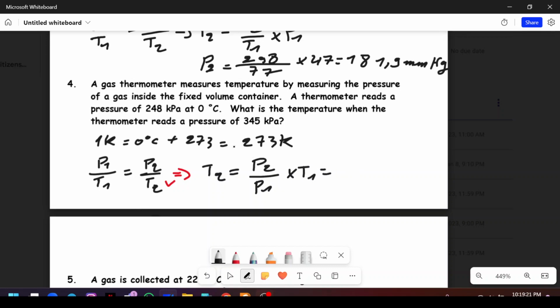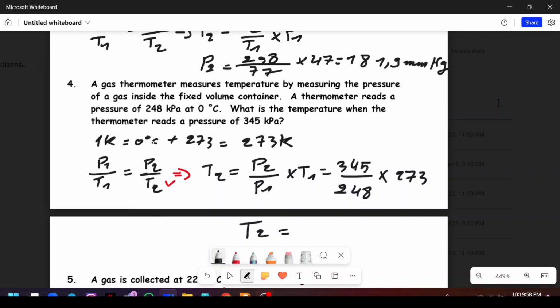The second pressure is 345 divided by the first one, 248, times the first temperature, 273.3. So T2 would be equal to 345 over 248 times 273.